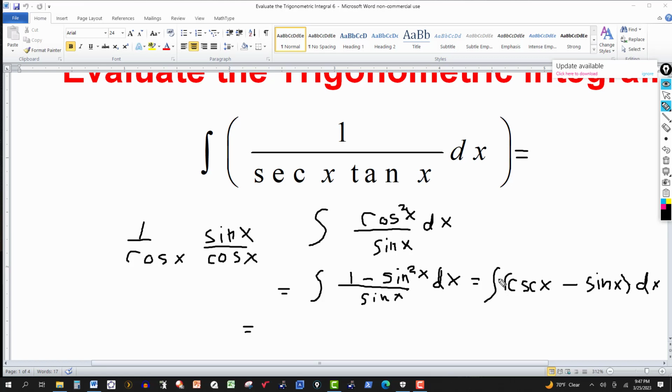So breaking this up, I'd have the integral of cosecant of x. I have a formula for that. That's minus natural log of absolute value of cosecant of x plus cotangent of x.